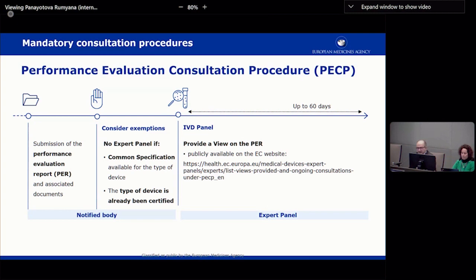So it's unlike the CECP that I've just presented to you. Here there is no screening phase, because if the device meets the conditions and there are no exemptions to the procedure, then a view is needed.